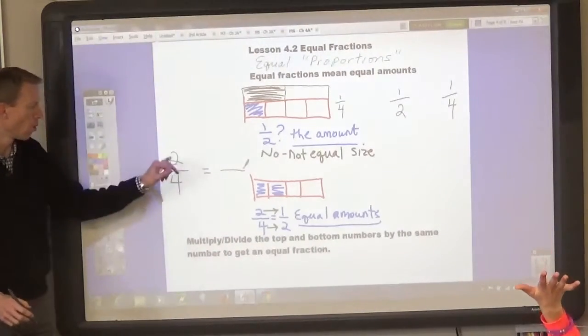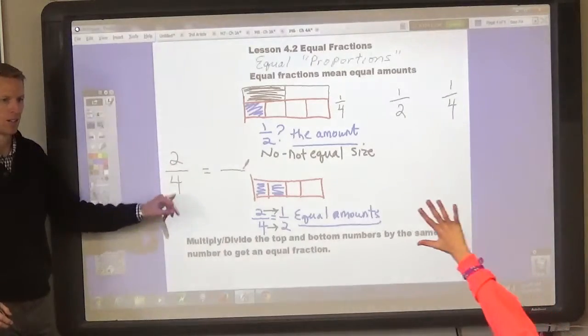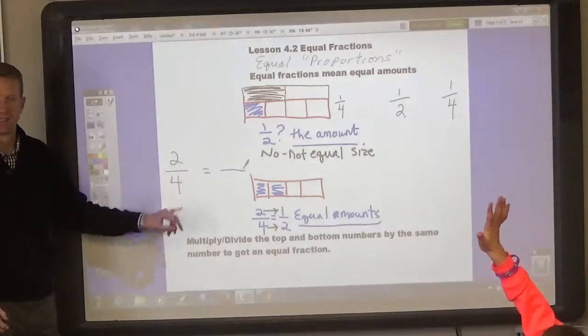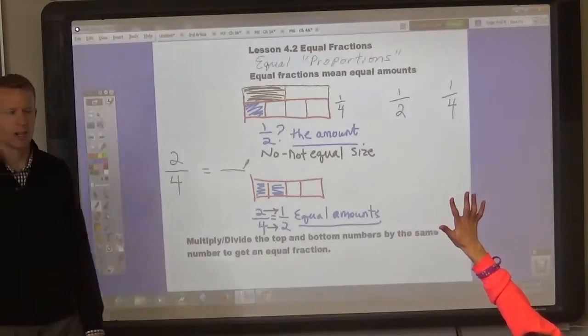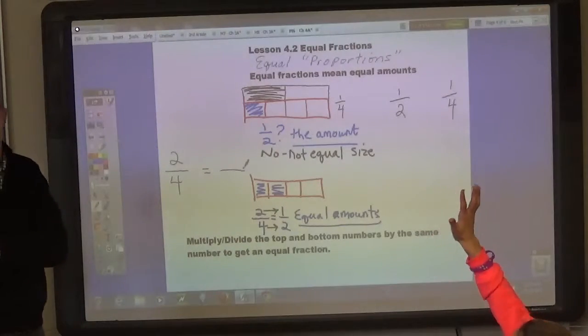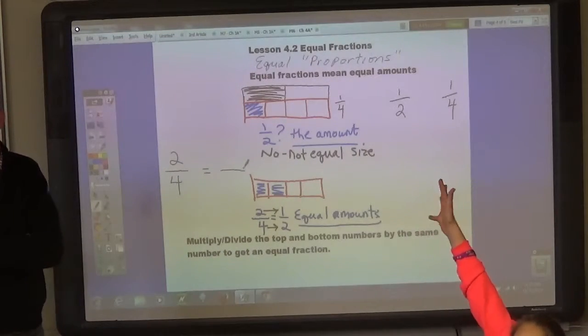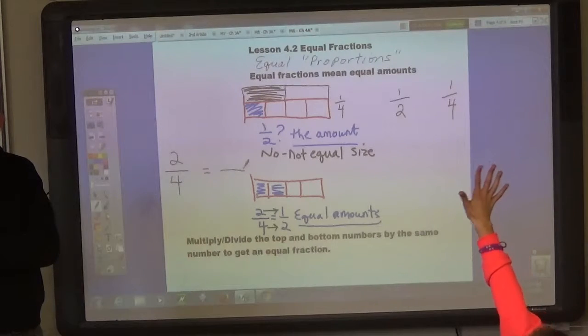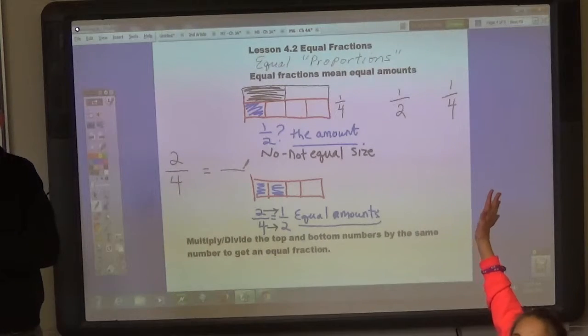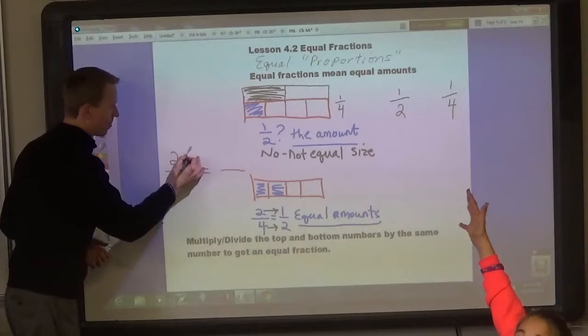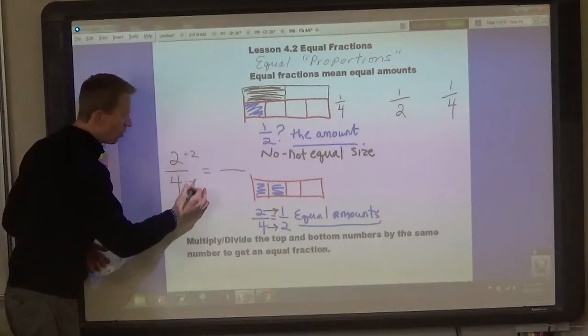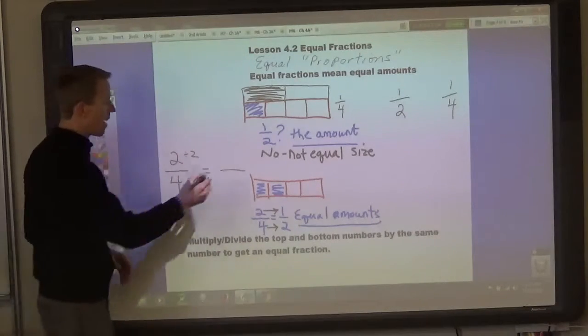What number goes into both 2 and 4? What number goes into both 2 and 4? Emily? 2. So what would we divide by? 2. Divide both numbers by 2, and we can get an equal fraction, right?